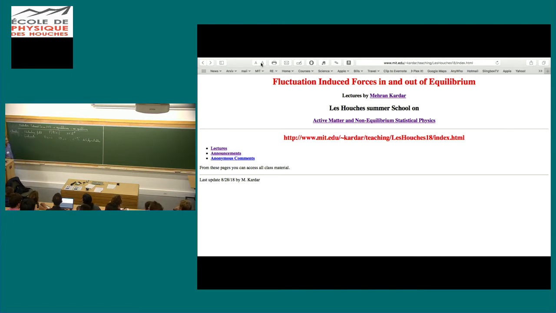So the final element that you need is some way of converting reduction in probability due to constraints to some kind of a force. So we need some kind of a relationship between a probability and a force. And in thermal equilibrium, it is easy to do. We are going to rely on the Boltzmann weight as the mimic for this reduction in probability.